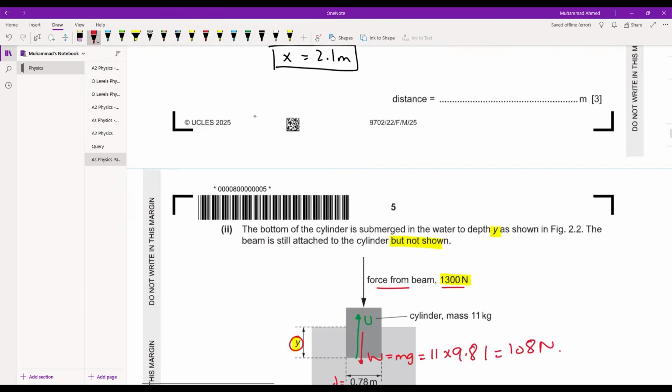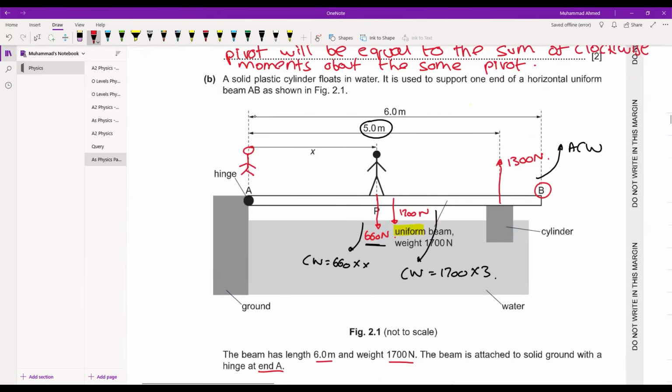If the person is at this point, his entire weight will act through the hinge. The clockwise moments due to the person will become 0. However, there will still be some clockwise moments due to the uniform beam, that is 1700 Newton. To balance this out, you would need an upward force from the cylinder.